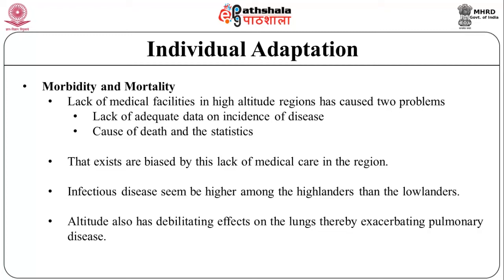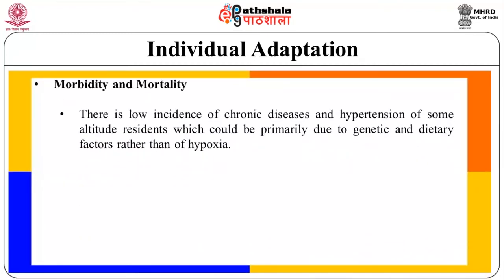Altitude also has debilitating effects on the lungs, thereby exacerbating pulmonary diseases. There is a low incidence of chronic disease and hypertension in some altitude residents, which could be primarily due to genetic and dietary factors rather than hypoxia.